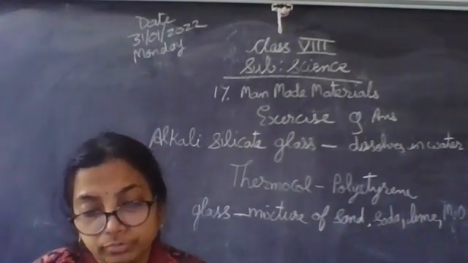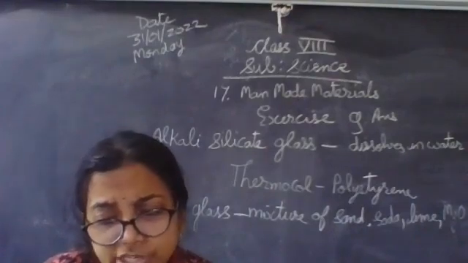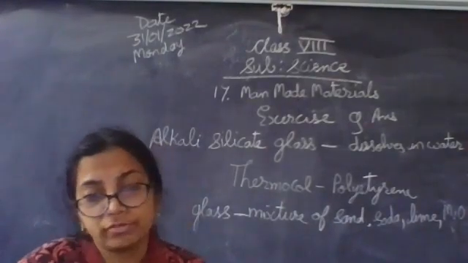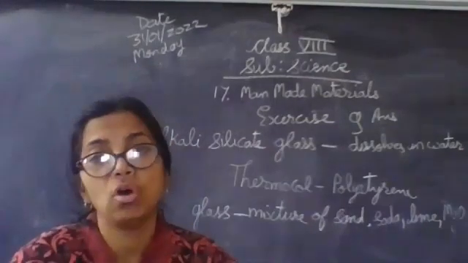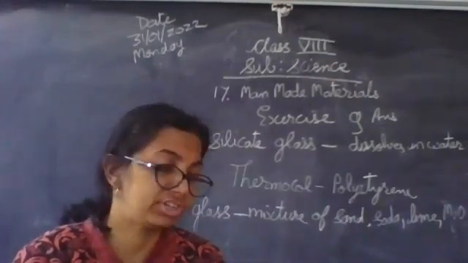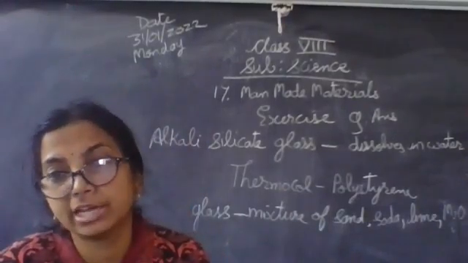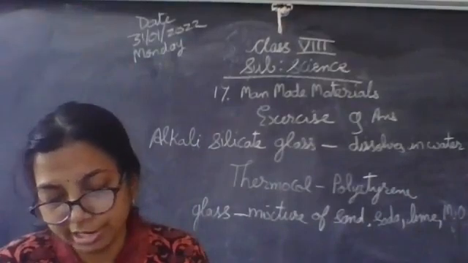Now, for a short note question, we have glass production. Here we know that glass is a mixture of sand, soda, lime and magnesium oxide.